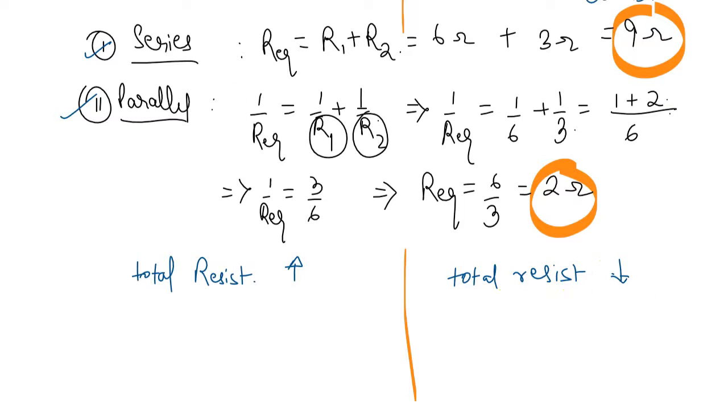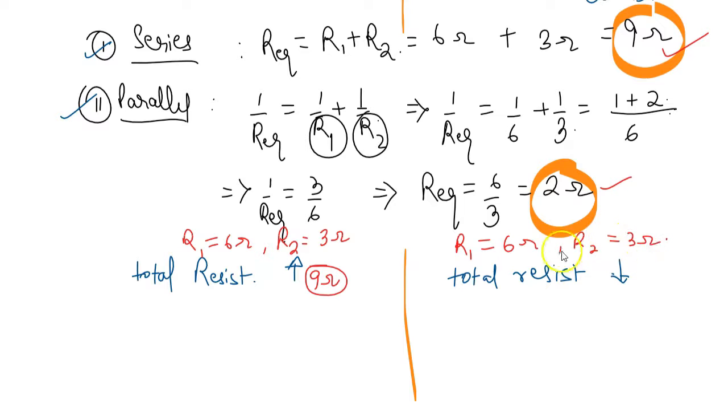You can see the resistances were 6 ohm and 3 ohm as given in the problem, right? So here the total resistance in series came out to be 9 ohm as we found here, and total resistance in parallel came out to be 2 ohm, right? That means what we observe, that in series combination the total resistance is increased, whereas in parallel the total resistance decreases.